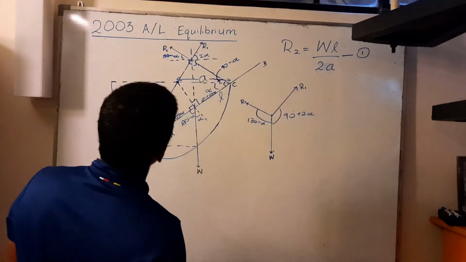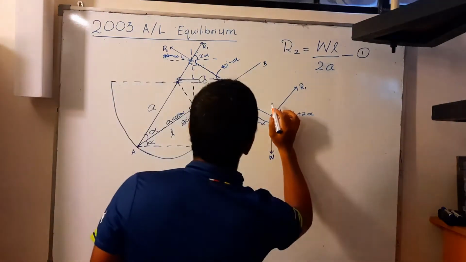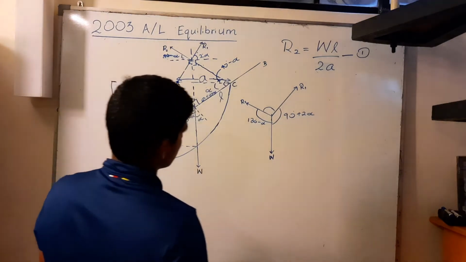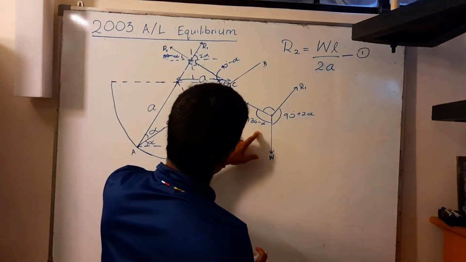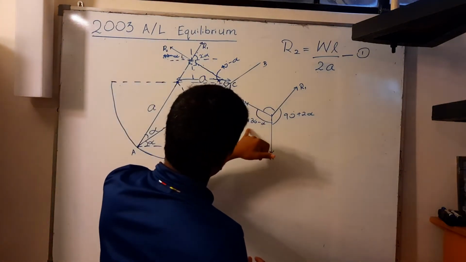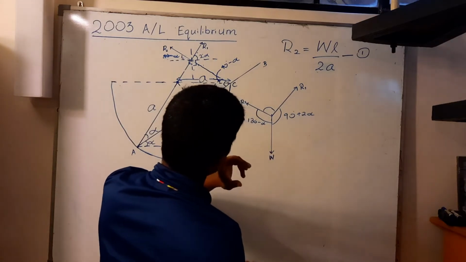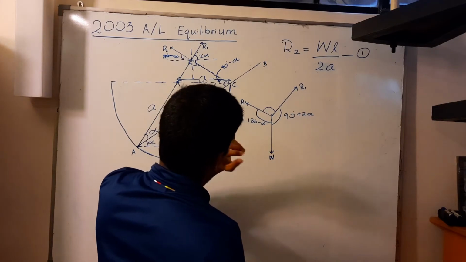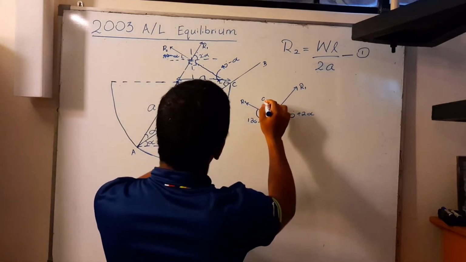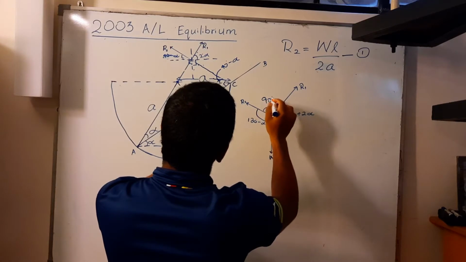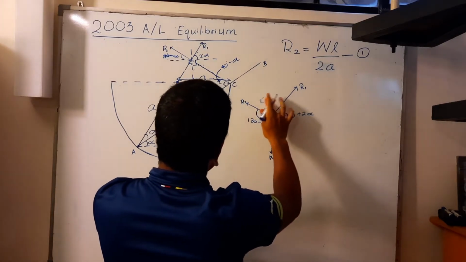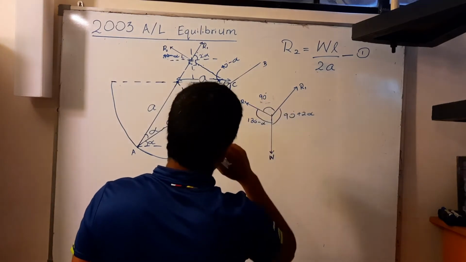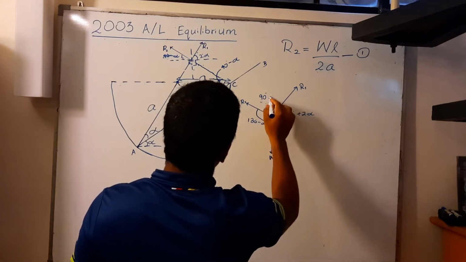This is 90 degrees. And then we can obtain this angle since the sum of angles around a point should be 360 degrees. So 180 degrees plus 90 degrees is 270 degrees, so 360 degrees minus 270 degrees is 90 degrees. And then 2 alpha minus alpha is alpha.